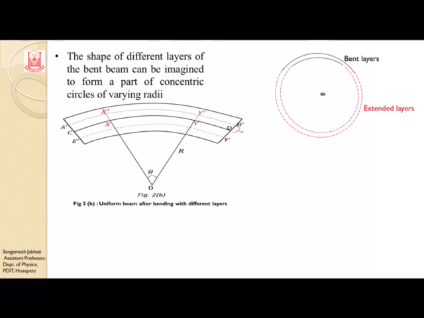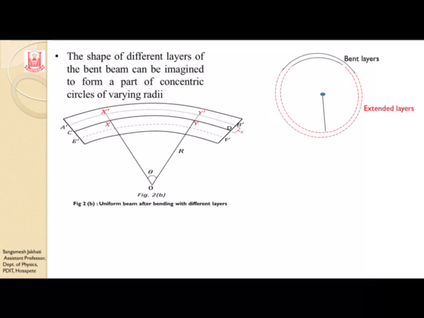So this is an extended layer, and all the layers will have a common center. So if you extend the end parts of all the layers, it will form this type of a circle. Here I have taken only two layers, and if I extend those two layers, they form concentric circles, which have a common center.